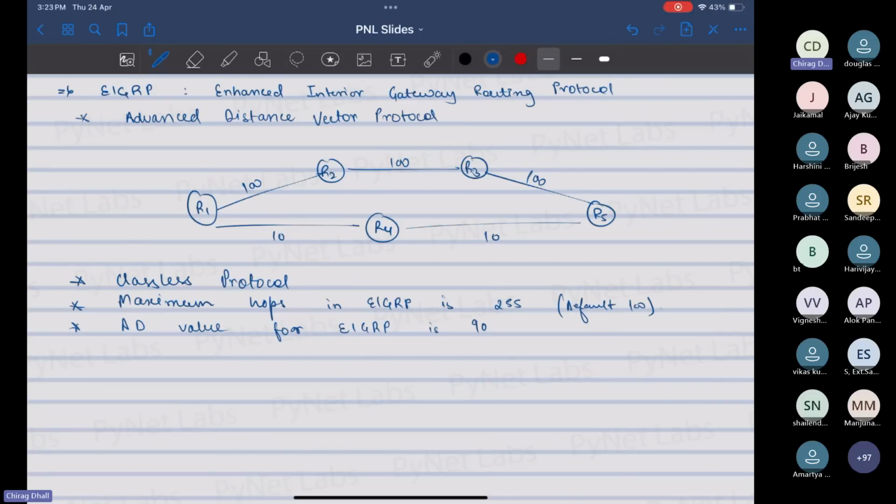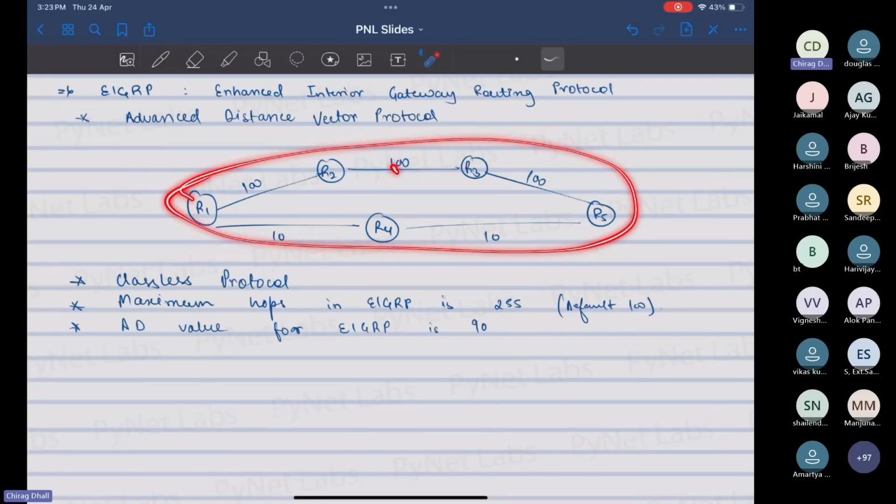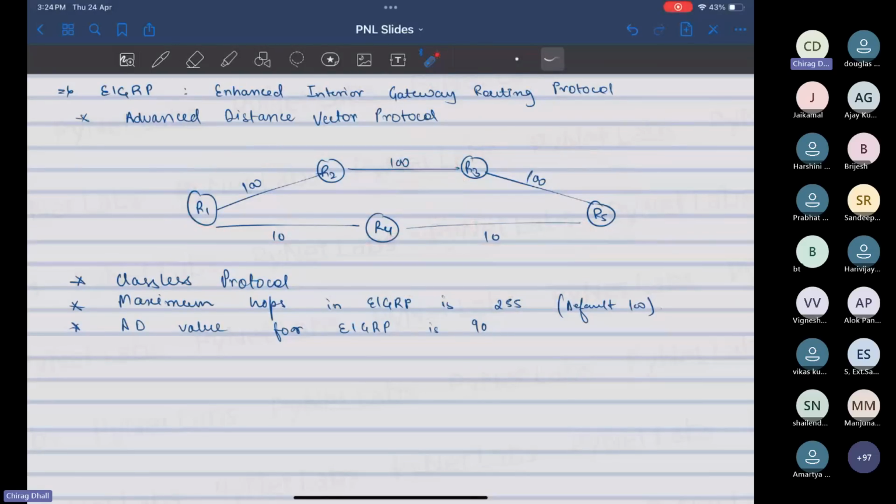Now for EIGRP, it is 90. So tell me, if these routers are configured with EIGRP as well as RIP, which protocol will they prefer for learning the best routes? They'll prefer EIGRP. Why? Because obviously EIGRP has a lower AD. So the information provided by EIGRP would be preferred more.